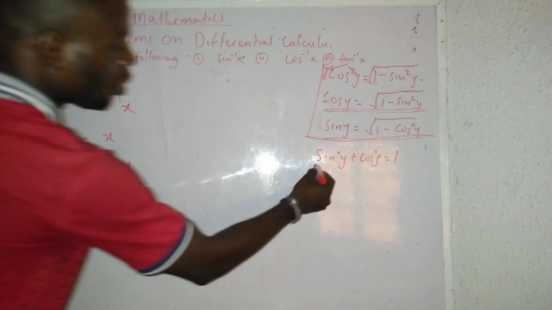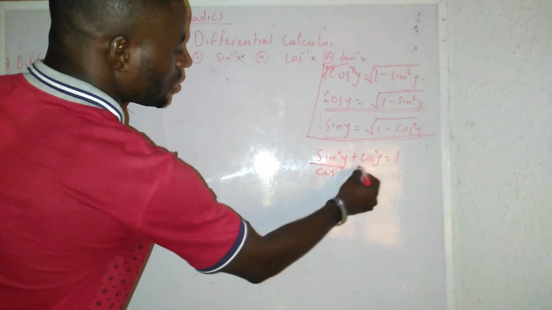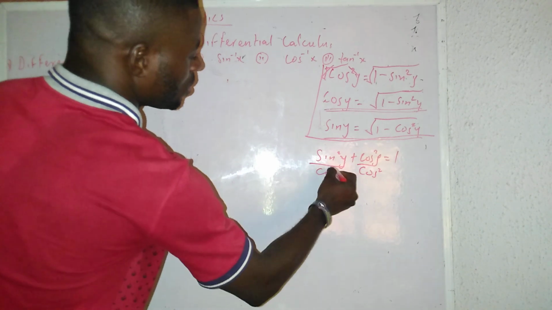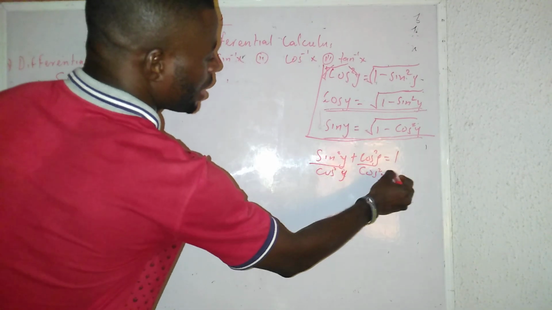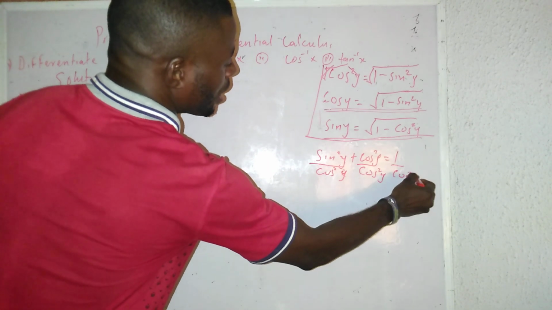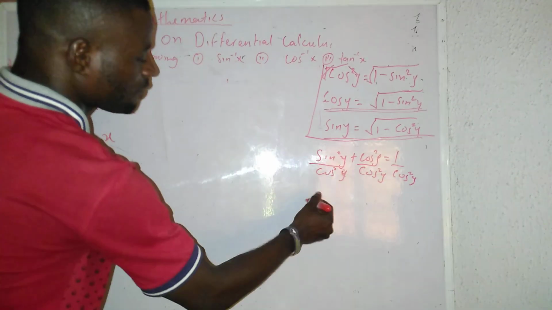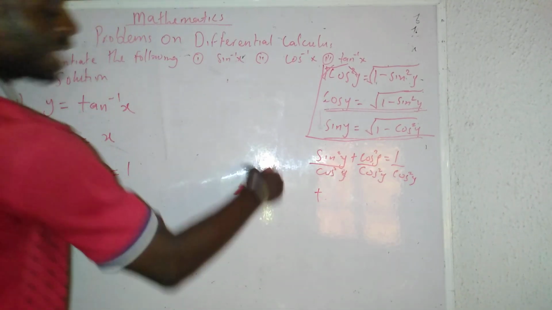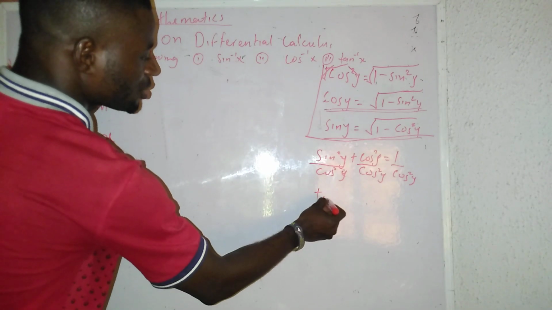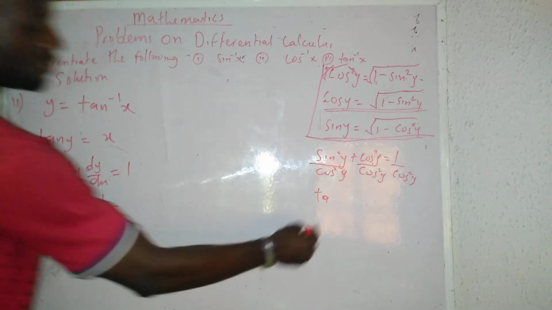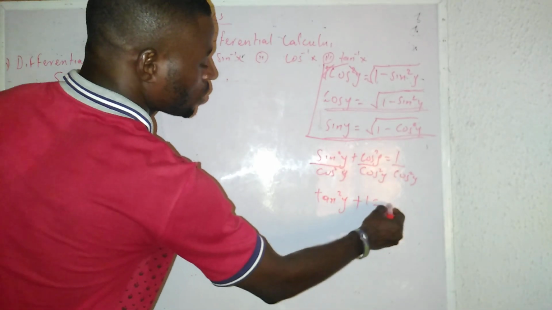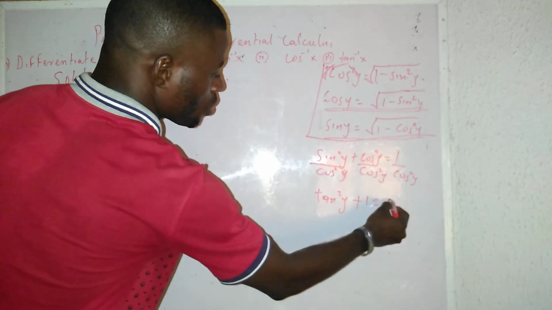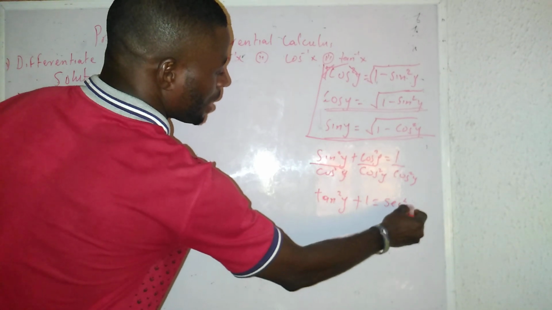Now, I can divide all through by cos squared y, which gives me tan. My tan is sine all over cos, so tan squared y plus 1 equals sec squared y.